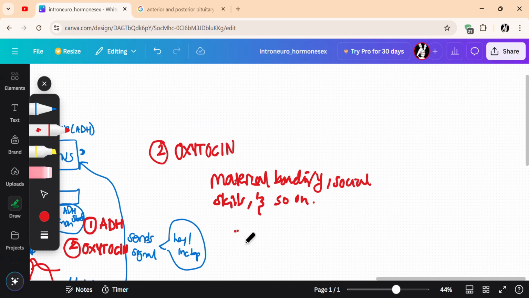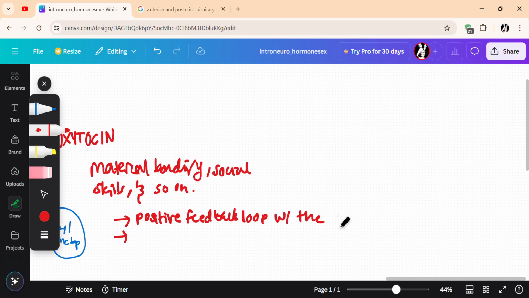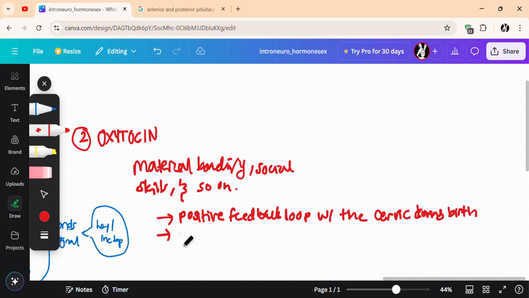And in specific cases, oxytocin works in a positive feedback loop with the cervix during birth, to increase contractions to help the baby come out. So the more contractions, the more oxytocin release, which increases contraction, which keeps on happening positively until the baby is out.